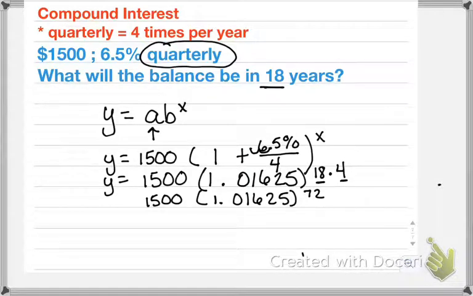And then when we work our calculations out, our y, or our amount that we're going to have in our bank without touching anything, is $4,787.75. So we grew quite a bit of money by not touching anything at 6.5% quarterly.